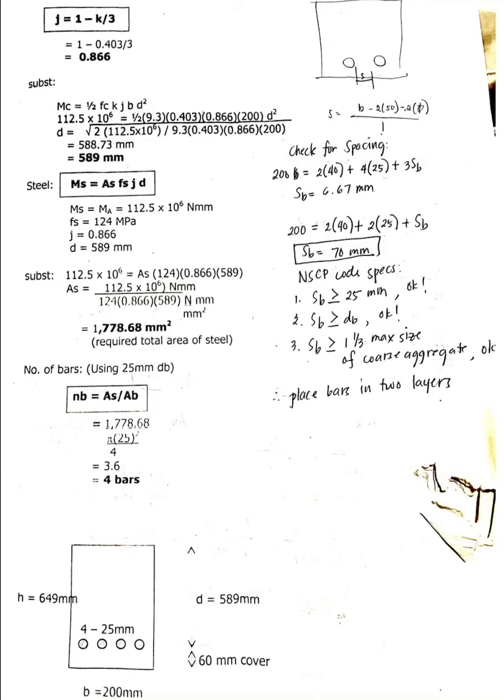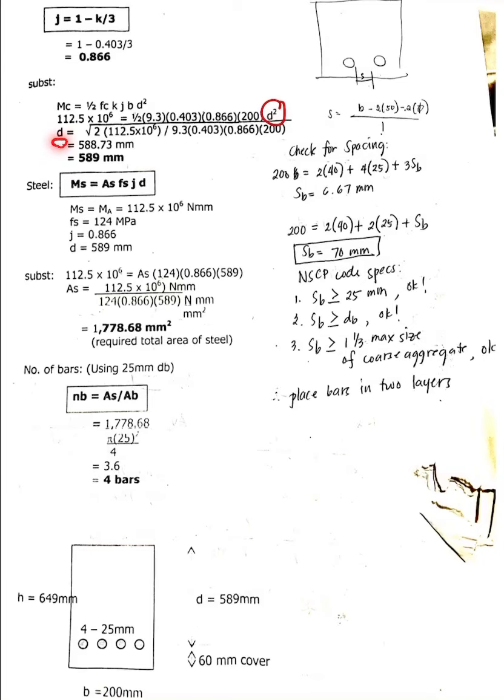So d is equal to the square root of 2 times 112.5 times 10 power of 6 divided by 9.3 times 0.403 times 0.866 times 200.